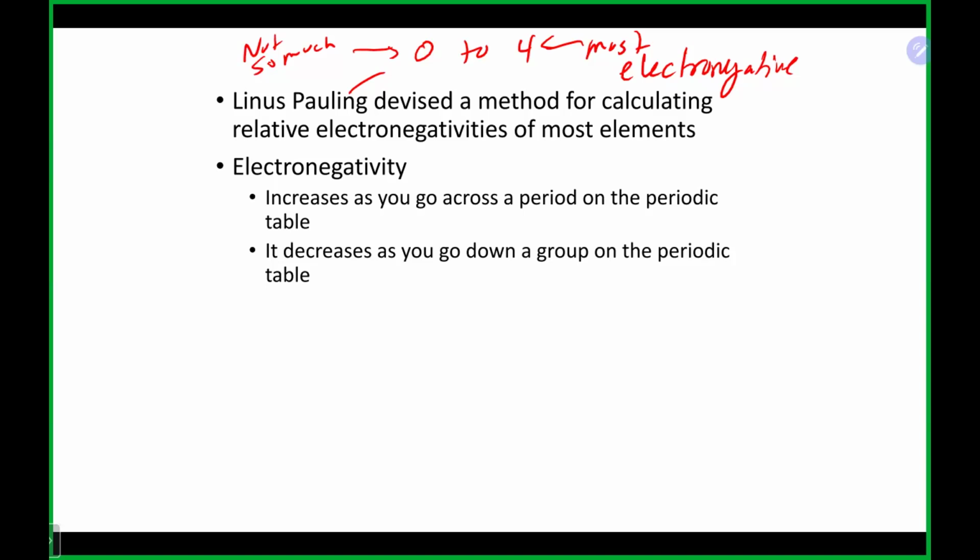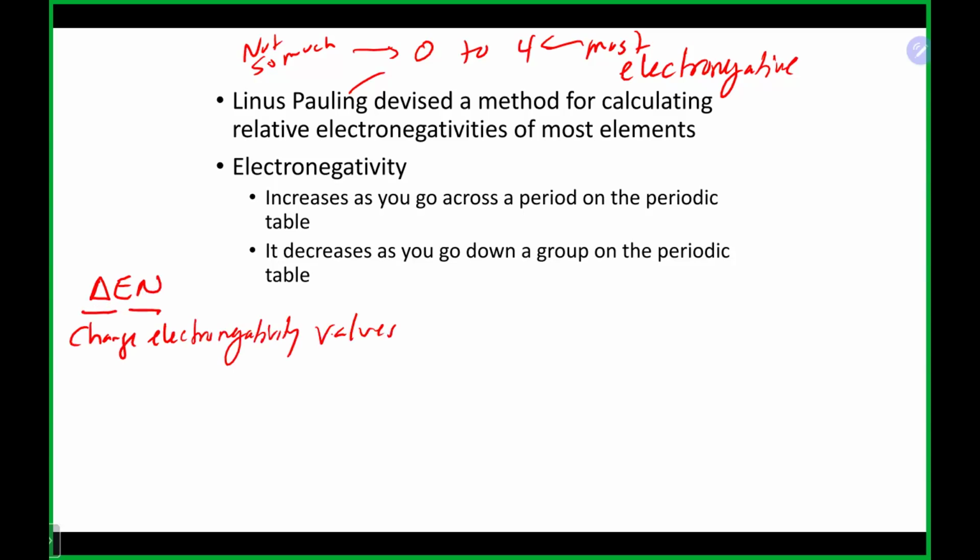And we could do that by taking what is sometimes referred to as the delta EN, and that is the change in electronegativity value. So how do you do that?